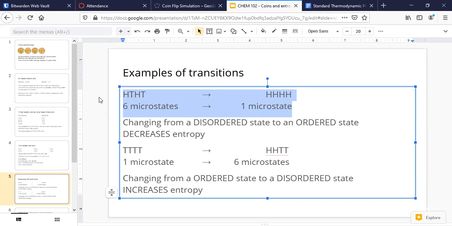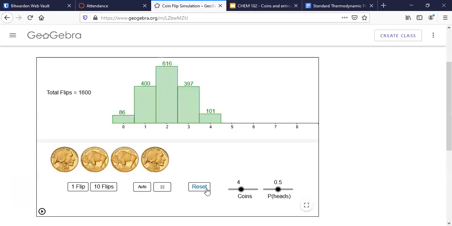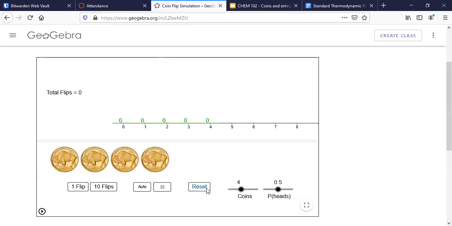Let's go to the flip side. The flip side, pun not intended, I swear. The type of story that I did at the very, very start of this. Where I started with all tails.